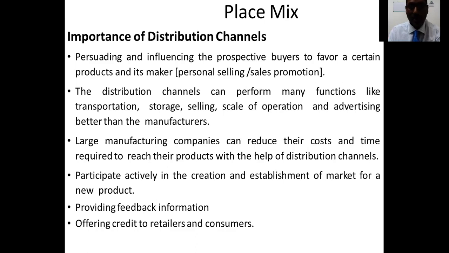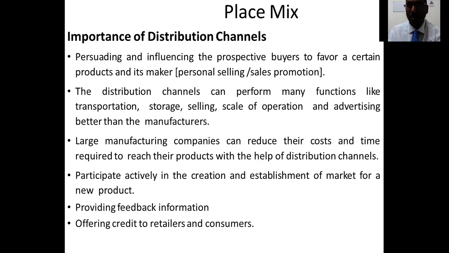So the distribution channel can perform many functions like transportation, storage, selling, scale of operation, advertising better than the manufacturer. So they can also help us to take our product through transportation, make it available at different places where the consumer will buy the product.